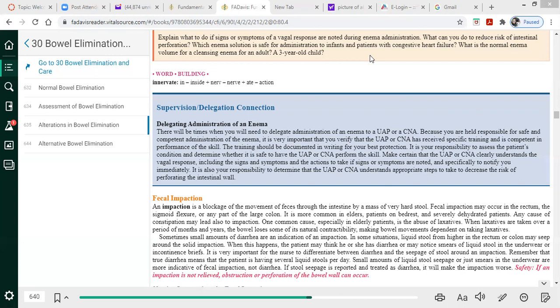What occurs with fecal impaction is you have this hard piece of stool, and some of the liquid stool in the intestines passes the hard stool and seeps out, where it appears as if it's diarrhea.